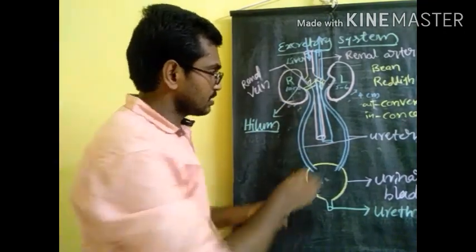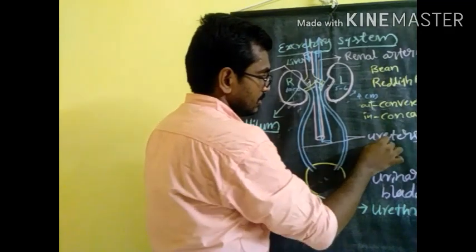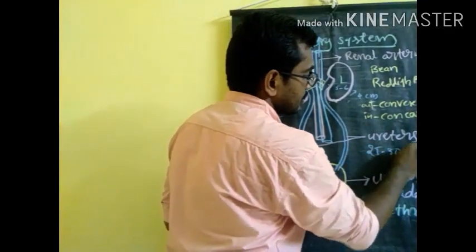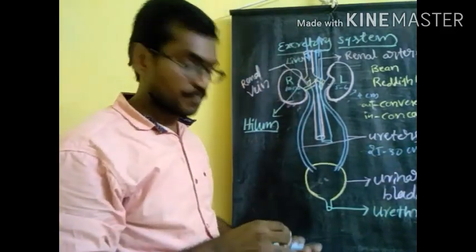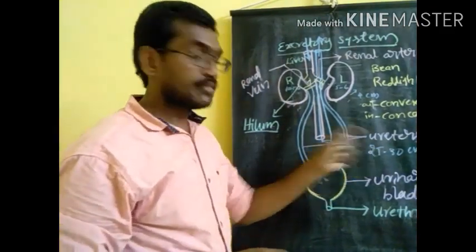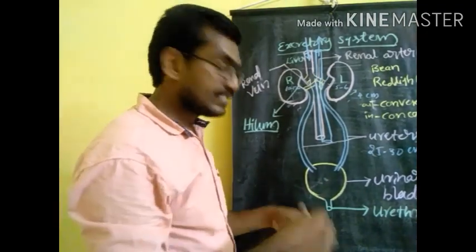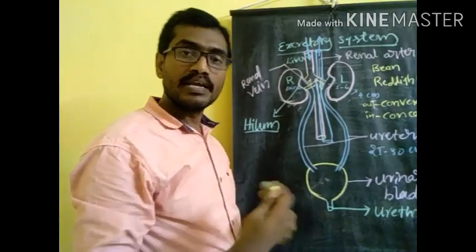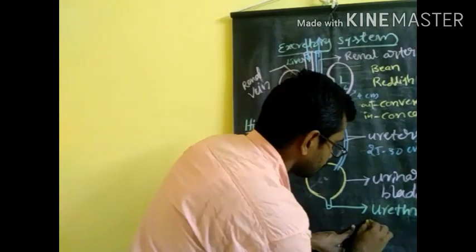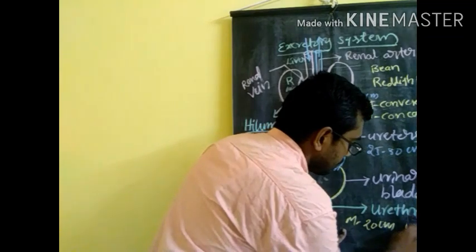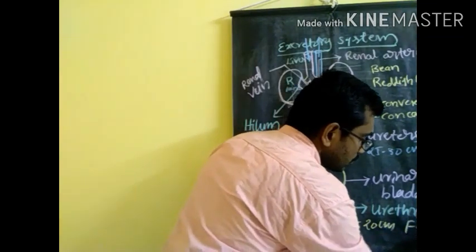The ureters are about 25 to 30 centimeters in length. Coming to the urethra, it is different in males and females. In males it is about 20 centimeters in length, but in females it is only about 4 centimeters.